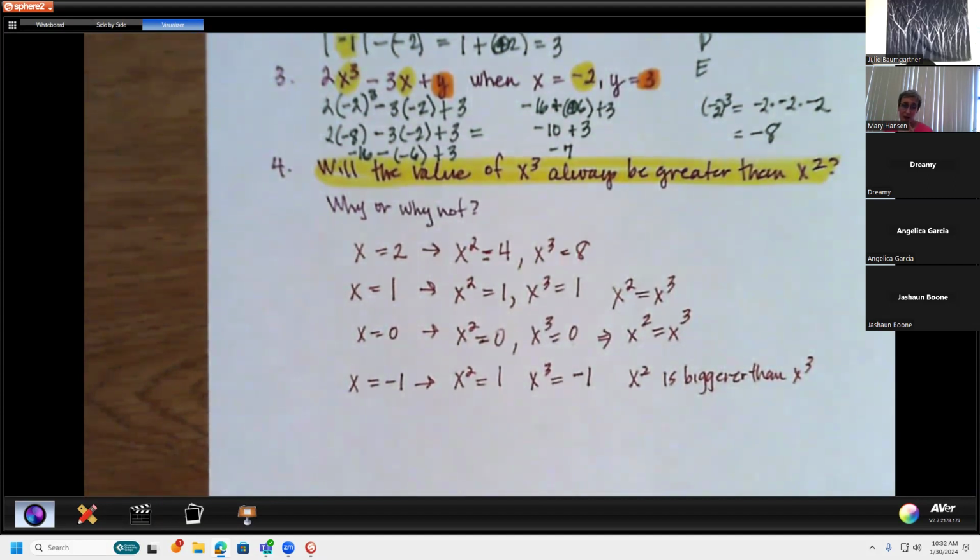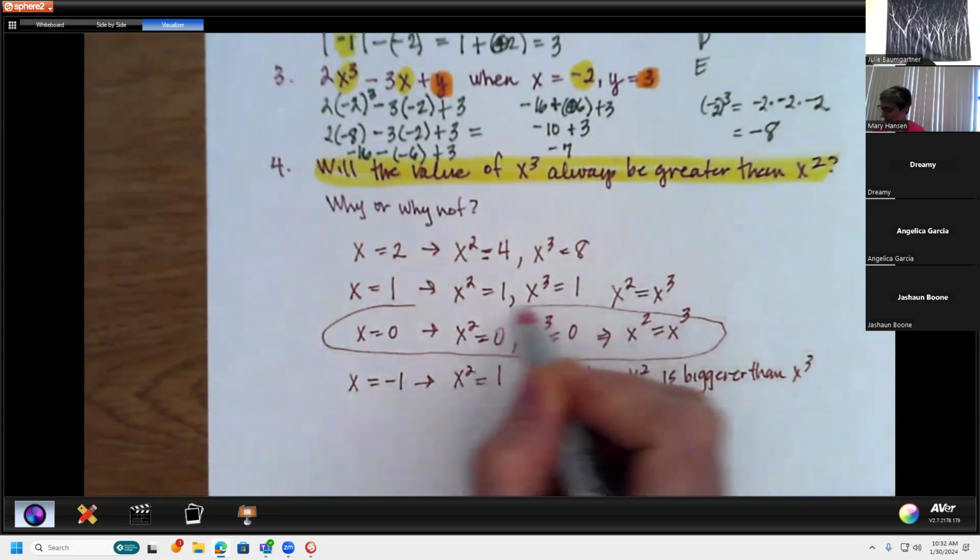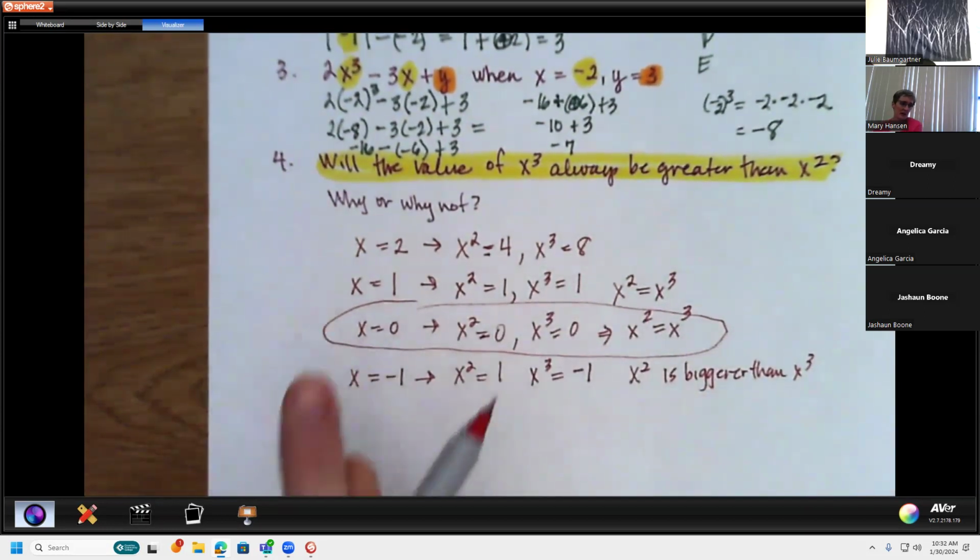Ryan did something I hadn't thought of. It's always good to consider what happens with 0 and 1, but particularly 0 is always a good value to test. So you want to test positives, you want to test negatives, and you want to test 0 if you're trying to just kind of work through a problem by checking answers.